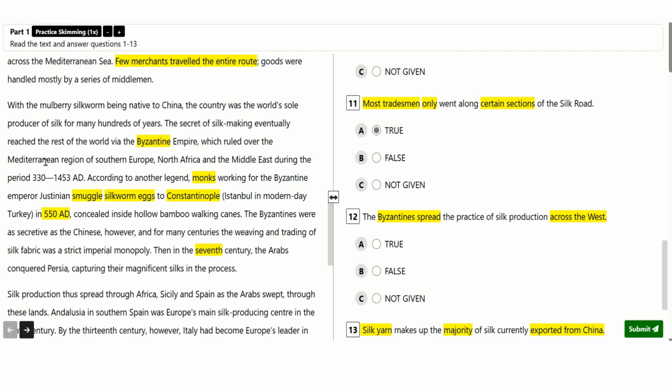The secret of silk making eventually reached the rest of the world. This empire, which ruled over this place. But oh, they got Europe, Africa, and East. But where is West? Smuggler, this and that.